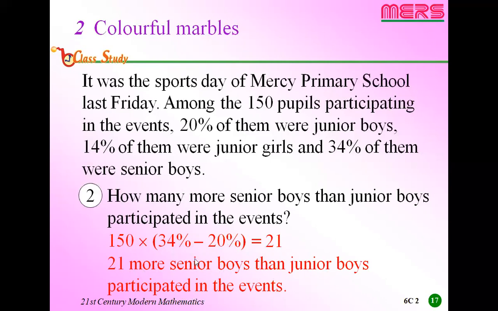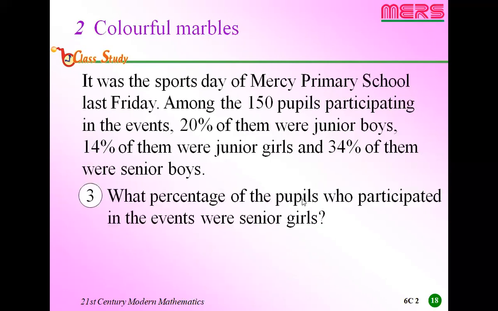All right. So for the last questions, it says what percentage of the pupils who participated in the events were senior girls? Okay. Have they mentioned anything about senior girls here? No. So how can I find how many of the pupils are senior girls? Don't worry, okay? First of all, you know, in the 150 pupils, there will be only junior boys, junior girls, senior boys and senior girls. Okay, so 4 of them.